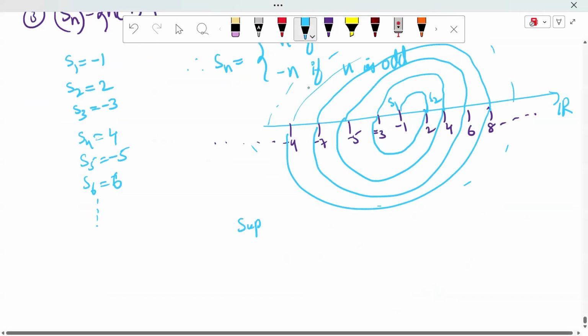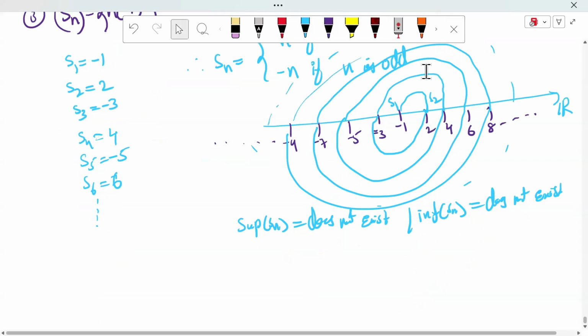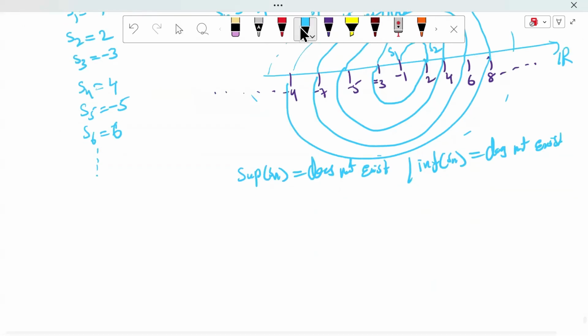Supremum of Sn does not exist. Infimum of Sn does not exist. Therefore, the sequence is not bounded above and not bounded below.